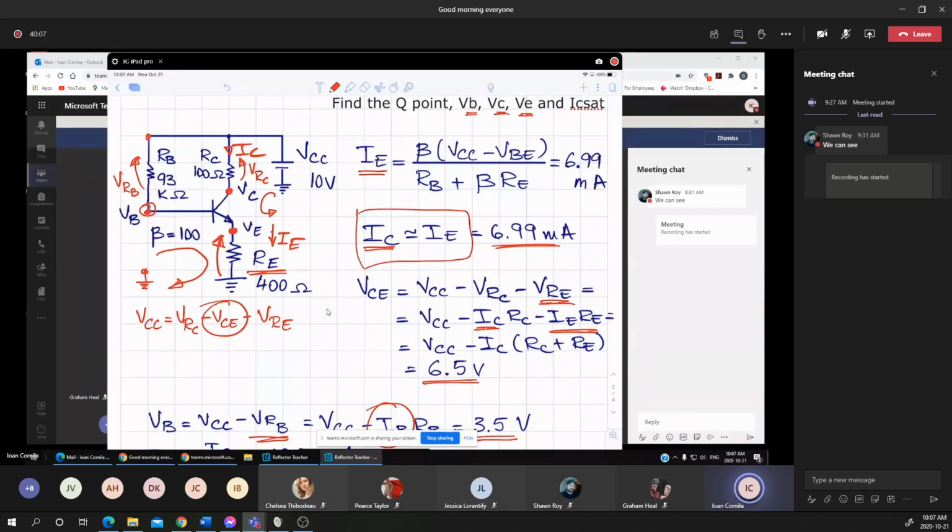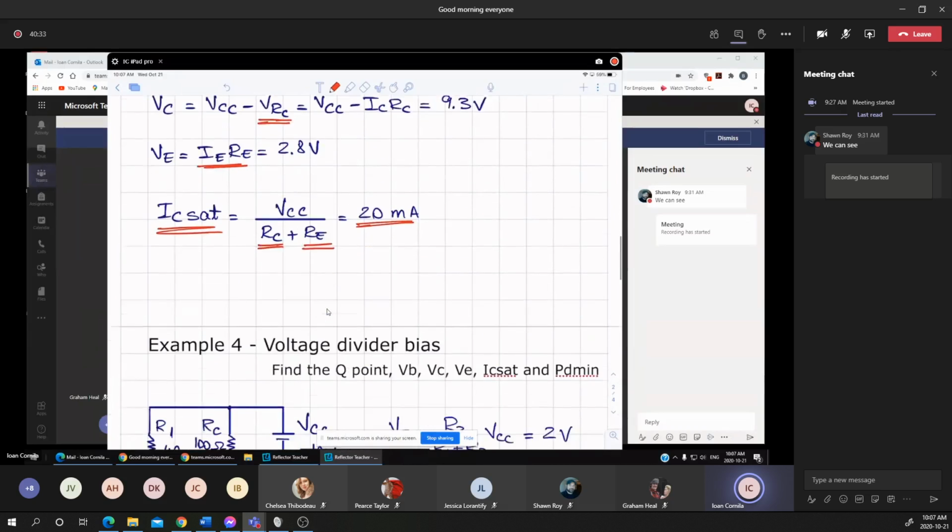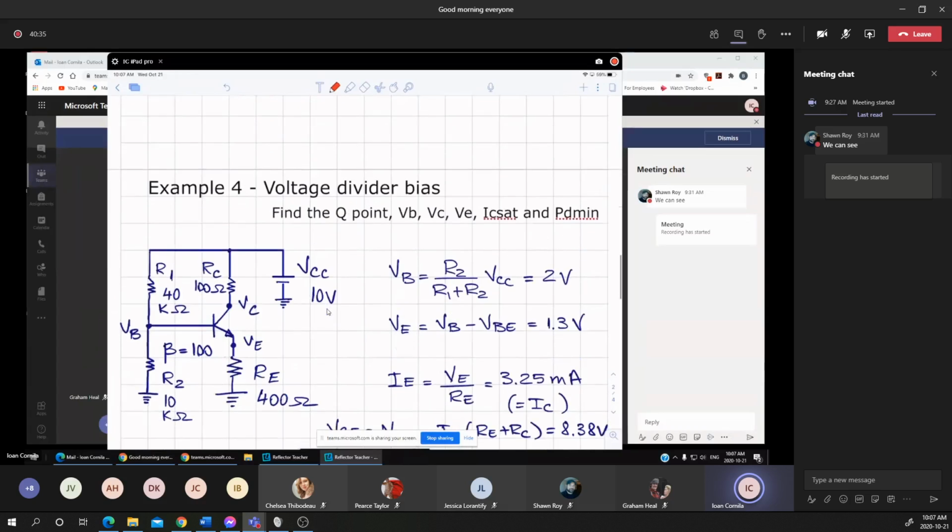I can change the value of the RB, but at the same time, I'm changing the current that is supplied to the base of the transistor. Another easy way to adjust just the voltage VB is using a voltage divider circuit. And that's the fourth example.